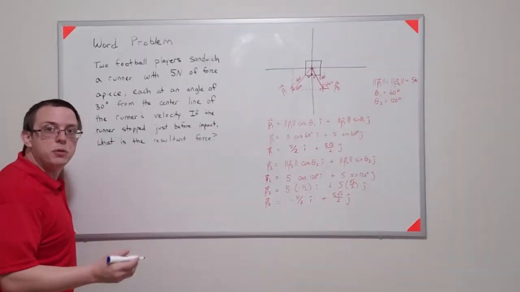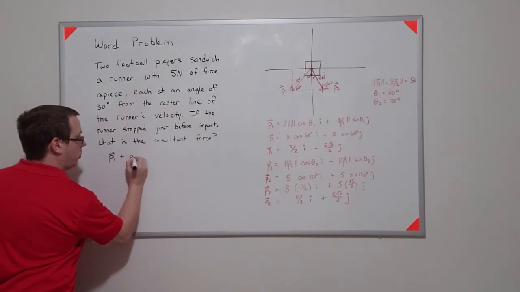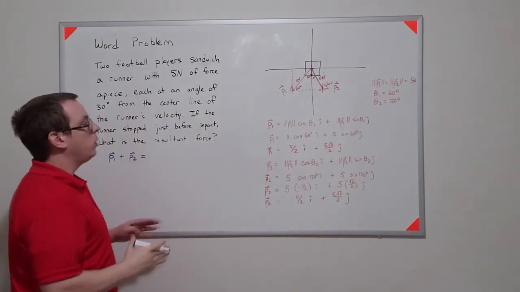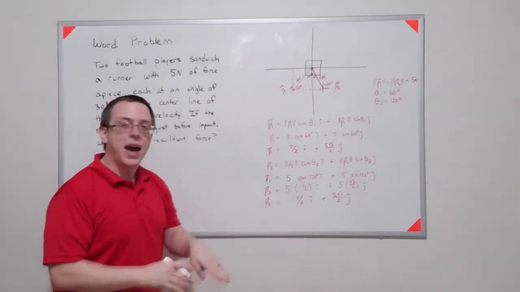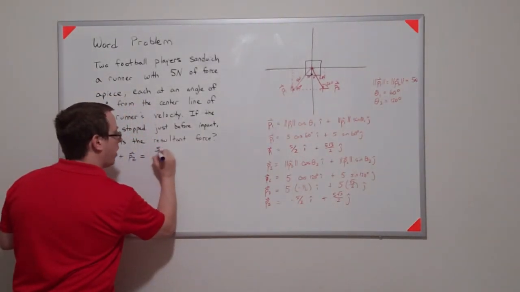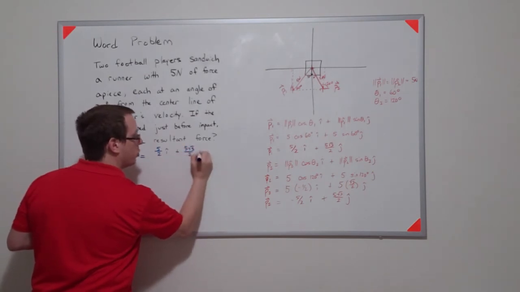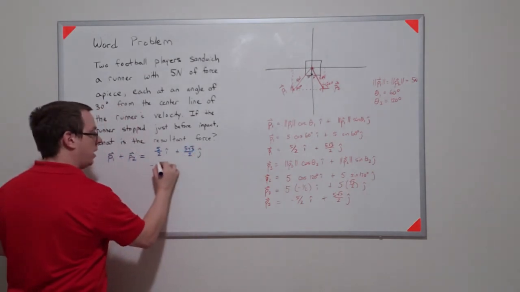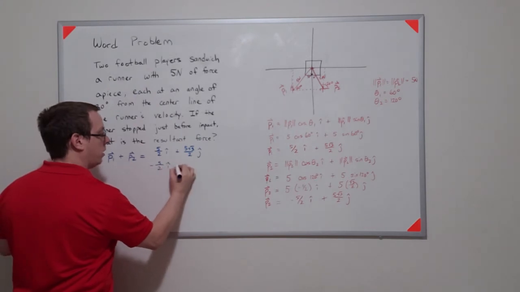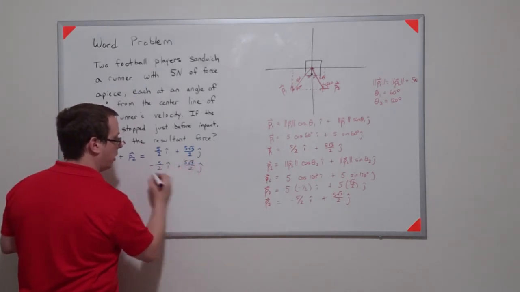We need to add these two vectors together. Player 1 plus player 2. A lot of times it's easier to stack add them. I like that personally. So 5/2 i plus 5 square root of 3 over 2 j, negative 5/2 i plus 5 square root of 3 over 2 j.